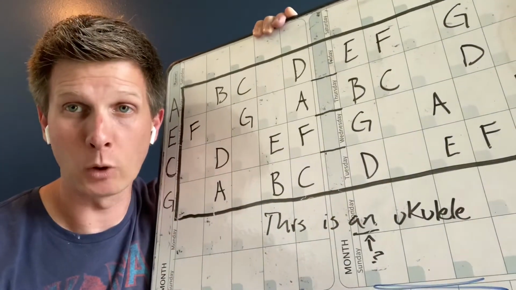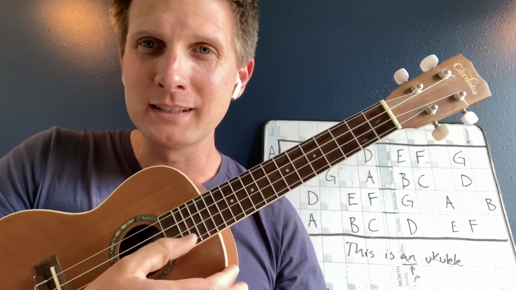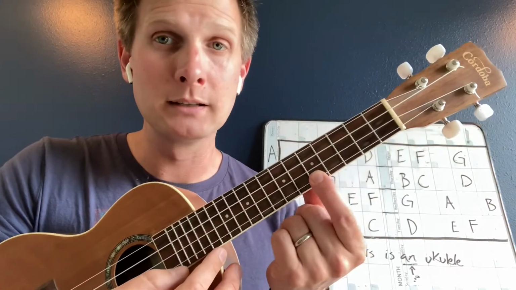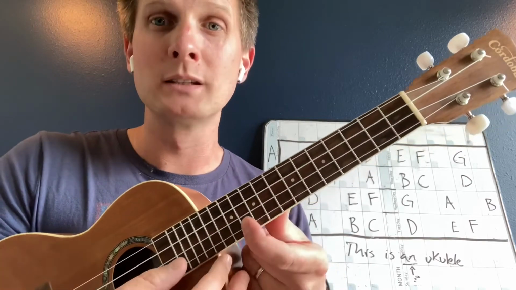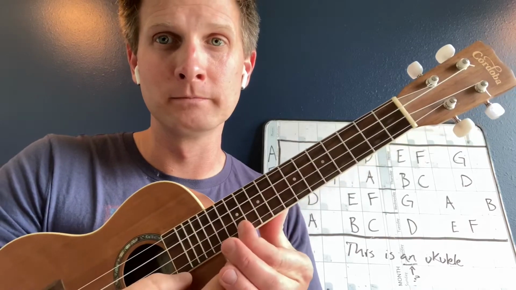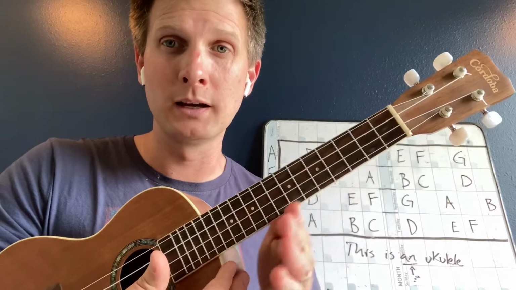We've got our ukulele here, and this is your A string. So A, space, B, C, space, D, space, E and F always together, space, G, space, A. See that? It sounds the same. It's just an octave higher.